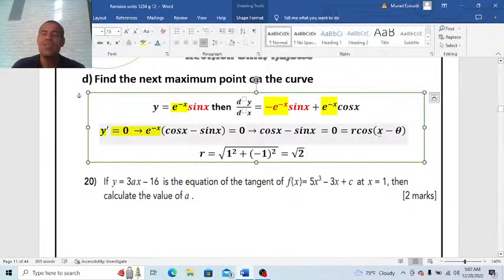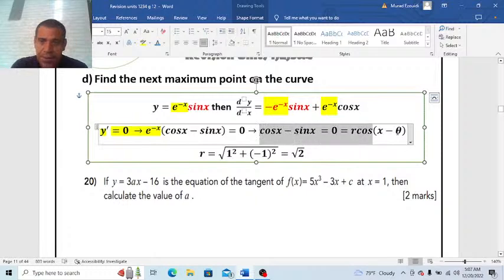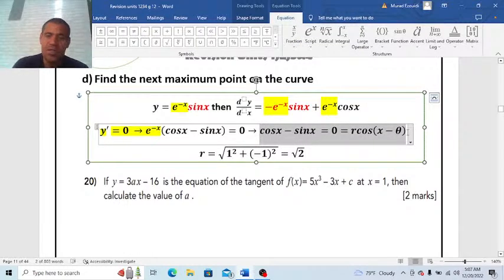Now I need to find the angle. I will make the minus positive, and I will use the expansion of sine and cosine.